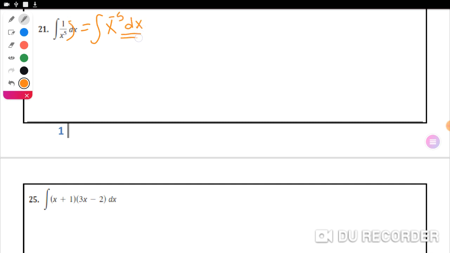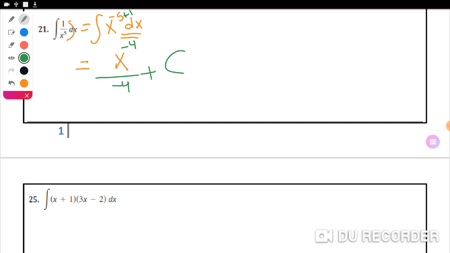Don't forget the variable of integration. How to integrate? It's so easy. Just write the variable, add 1 to the power. It will be x to the power negative 4 over the new power, negative 4, plus c. Okay, that is the result.